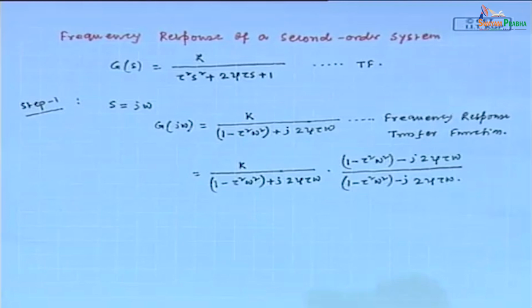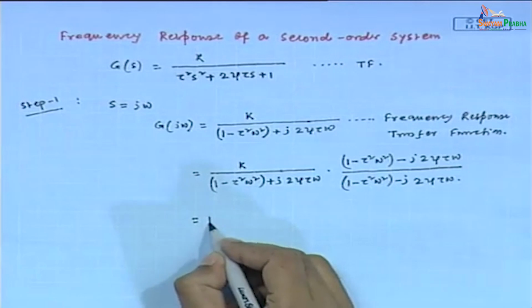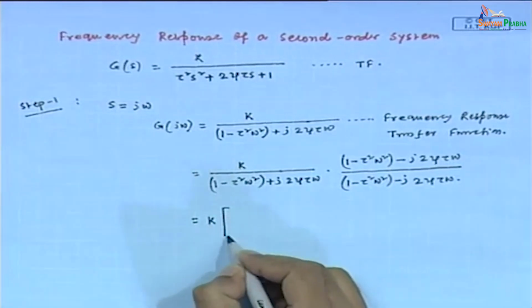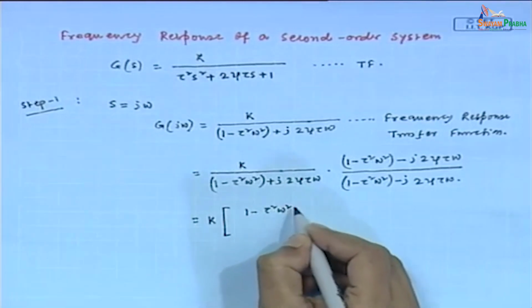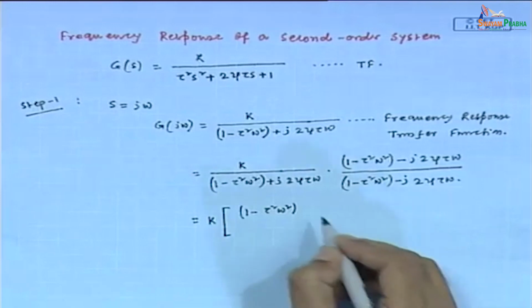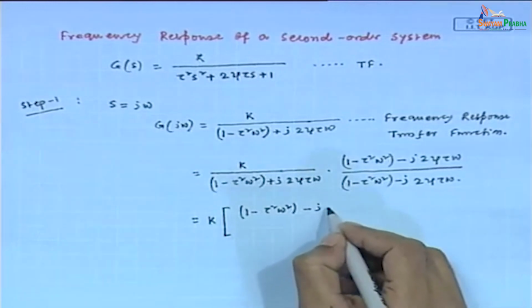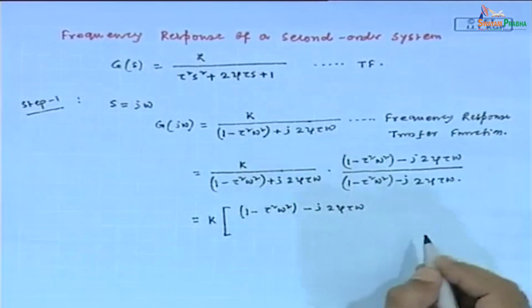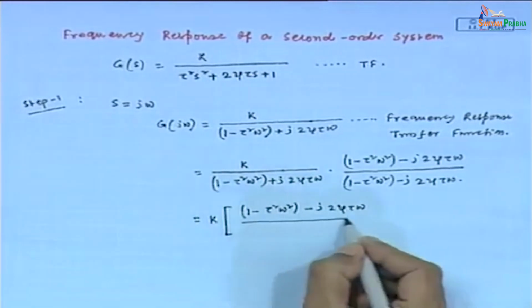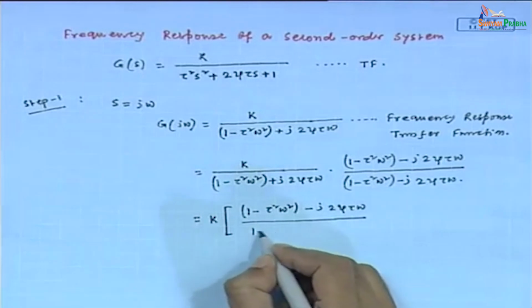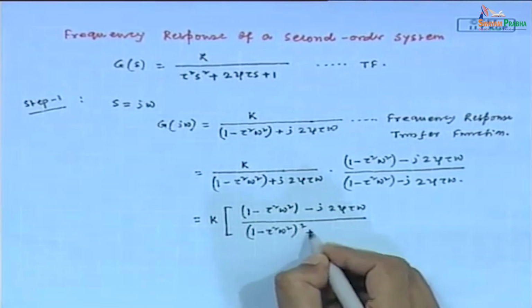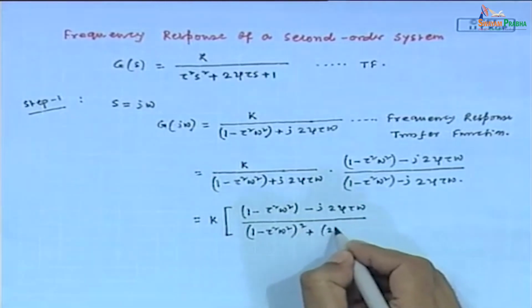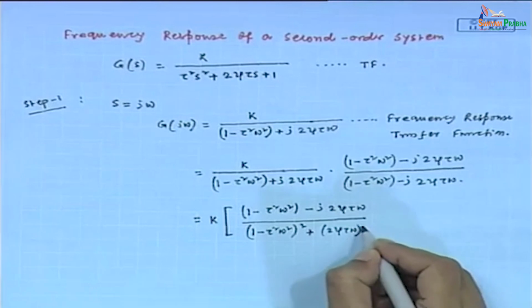Rearranging this, we obtain k multiplied by 1 minus tau square omega square minus j 2 zeta tau omega, divided by 1 minus tau square omega square whole square plus 2 zeta tau omega whole square.